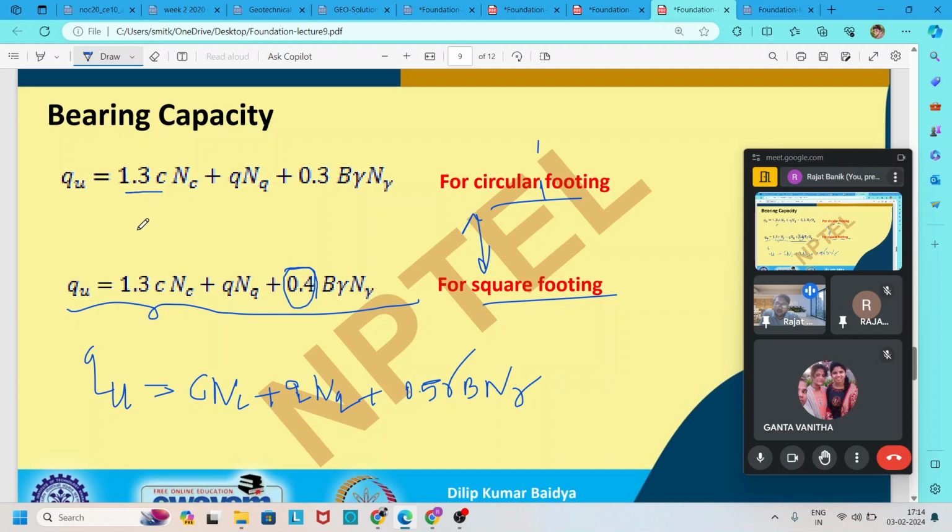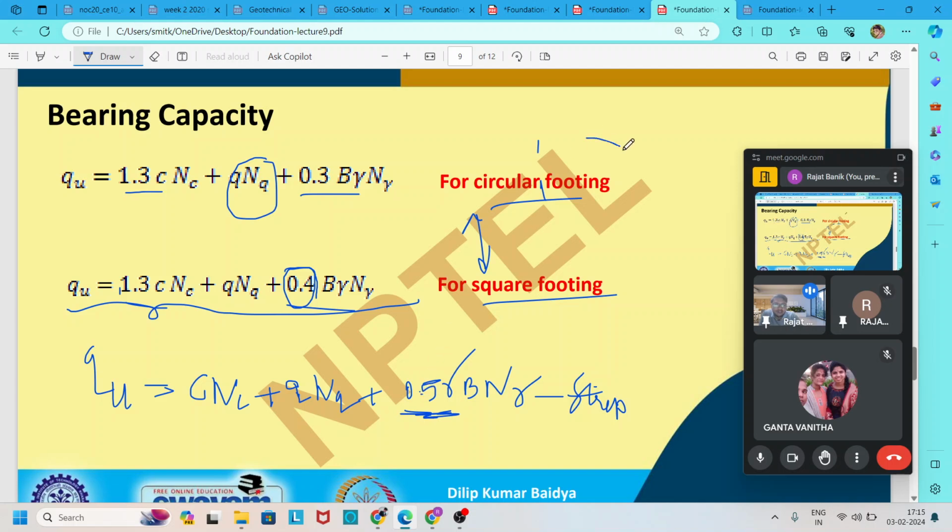In both cases, 1.3 is present, but in strip footing there is no 1.3 along with these coefficients. In all the cases, the Nc and Nq terms are the same, but there is a change in the coefficient along with N gamma. That means for circular it is 0.3, for square it is 0.4, and for strip footing it is 0.5.